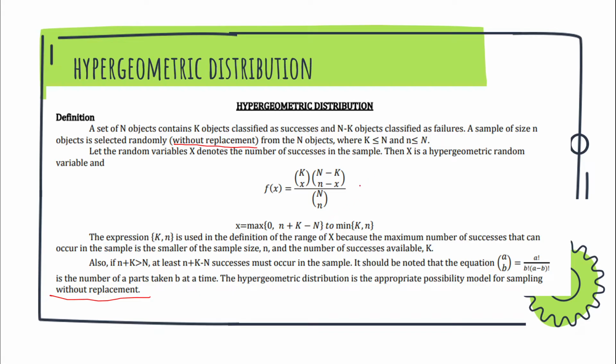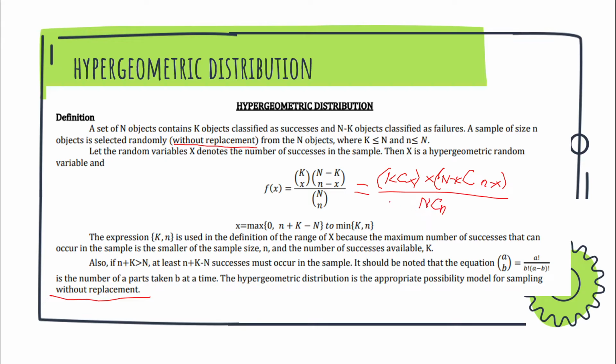K combination of x, times N minus K combination of n minus x, over N combination of n.